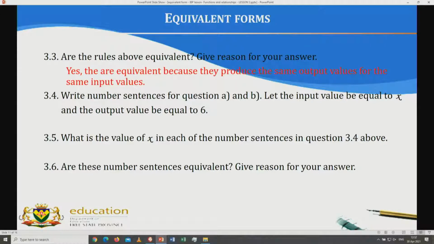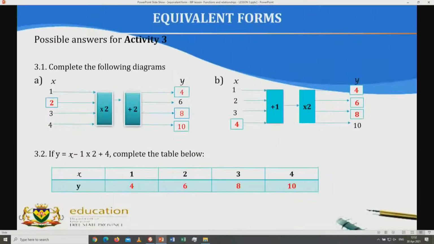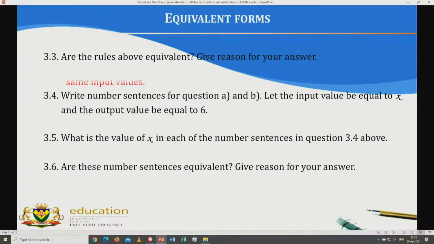Now, for number 1, are the rules above equivalent? When you look at these answers, you will see that we have the same input values and the output values are the same, but the rules are not the same. Yes, they are equivalent because they produce the same output values for the same input values.